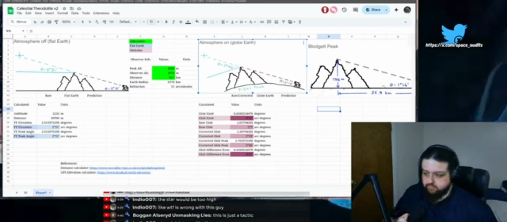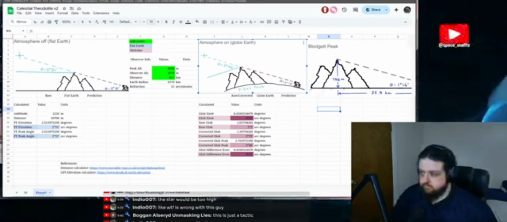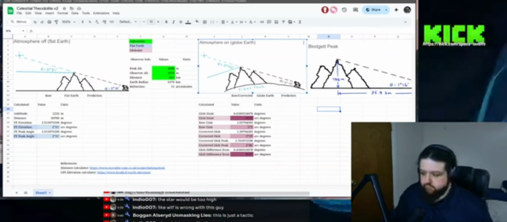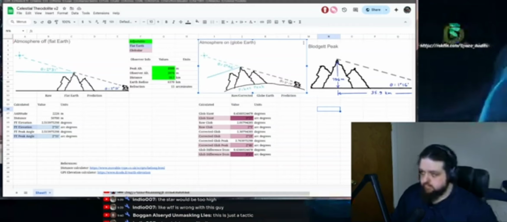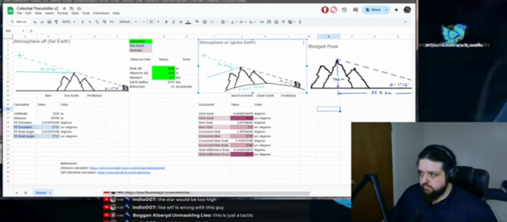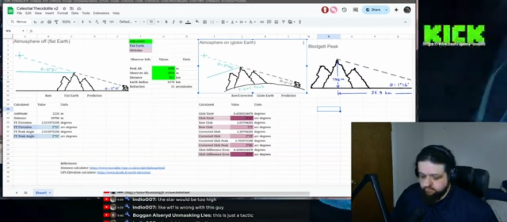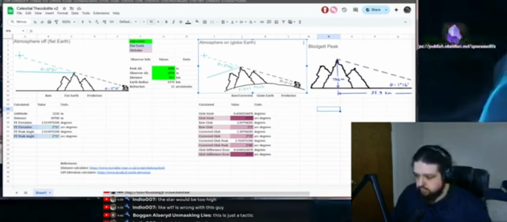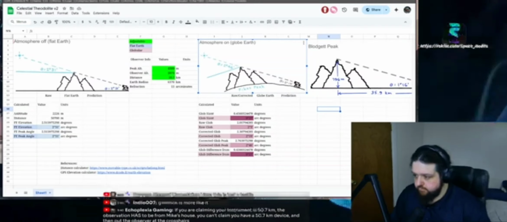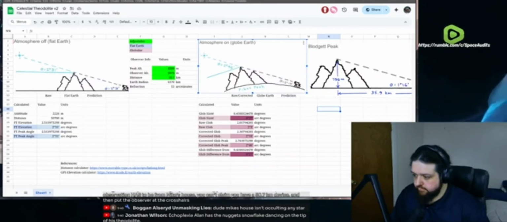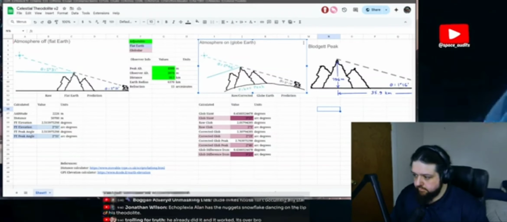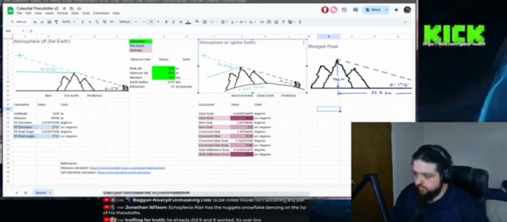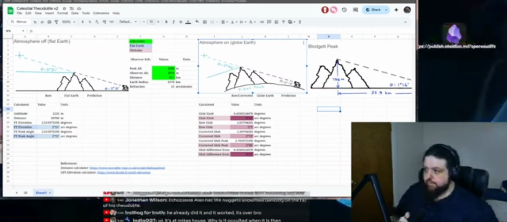If you want to predict the time you expect it to be occluded, you put an observation point at the peak, and you look for the time that the true position of the star, not the visible position, the one that can't be observed, is at the same angle, observed from the peak, as the peak is observed from the actual observation point on a flat Earth. It's the matching of those angles that you use to make your prediction.